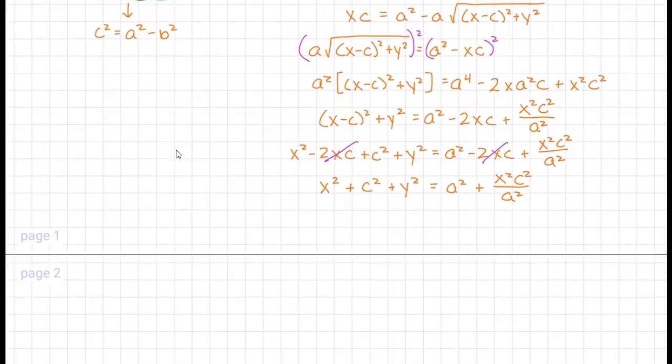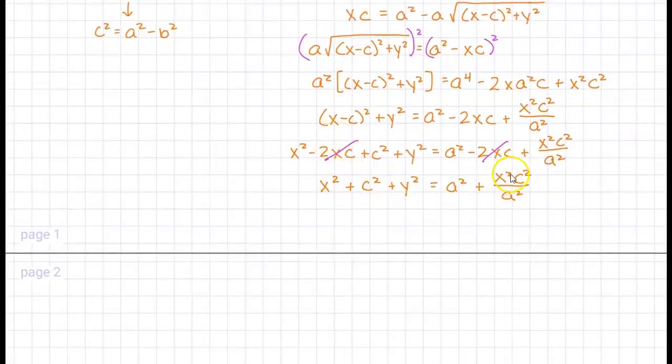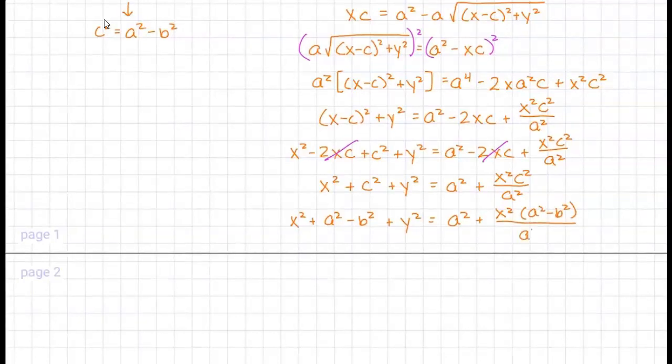So the c squareds in here are going to turn into a squared minus b squared. So I have x squared plus, and then it'd be c squared, so I'm going to write a squared minus b squared plus y squared equals a squared plus x squared, and then times the quantity a squared minus b squared all over a squared.